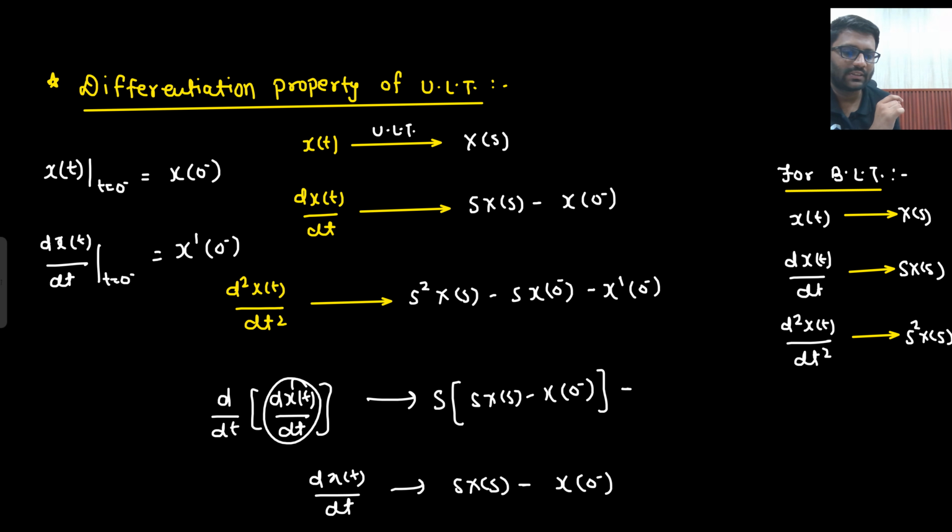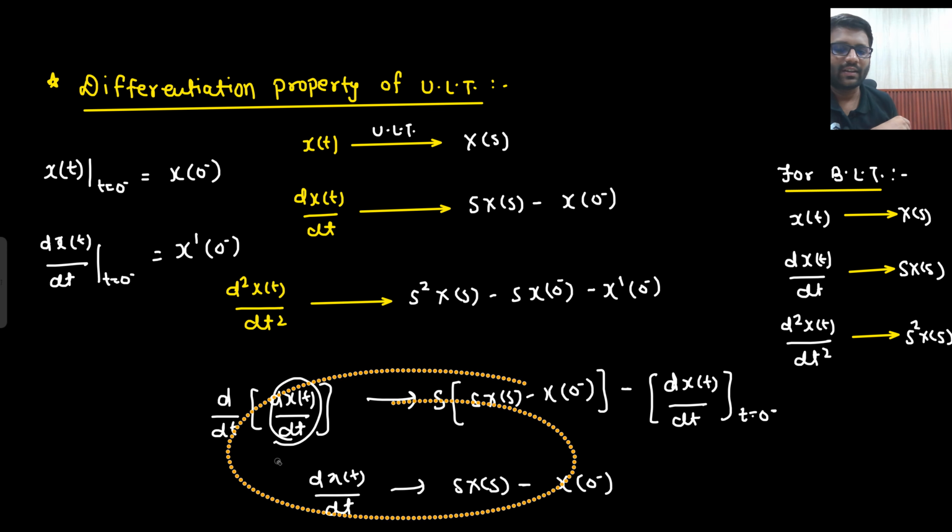Then the Laplace transform of this one. What is that? sX(s) minus x(0-). Right? Then minus sign. Then what we put? The value of x(t) at t equals 0 minus. So here what we will put? The value of dx(t)/dt at t equals 0 minus, that can be written as x dash 0 minus. So this is how we got it: s square X(s) minus s x(0-) minus x dash 0 minus.